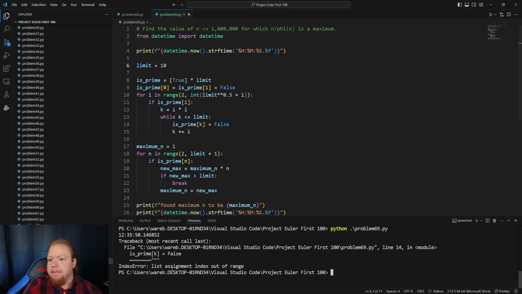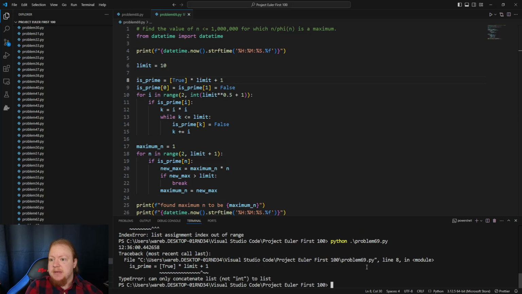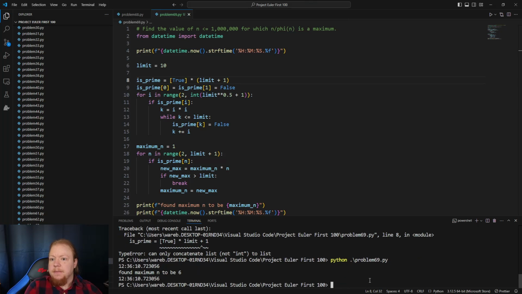Okay. We'll add that +1 in there and see if that fixes that. There we go. So for less than 10, found maximum n to be 6.